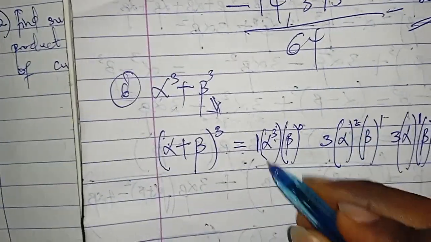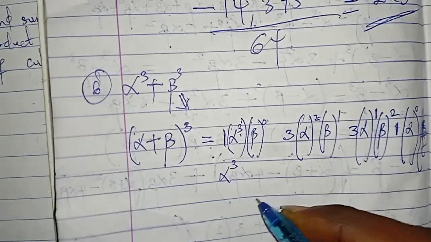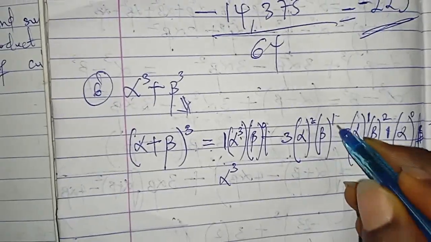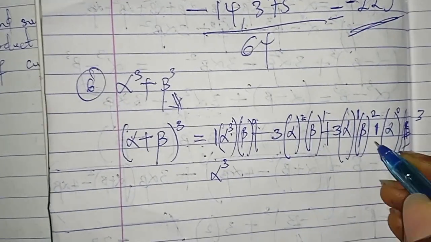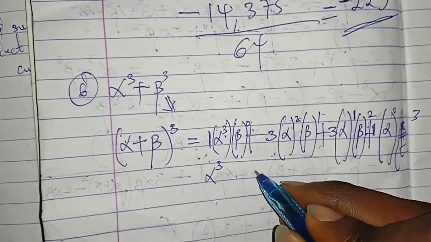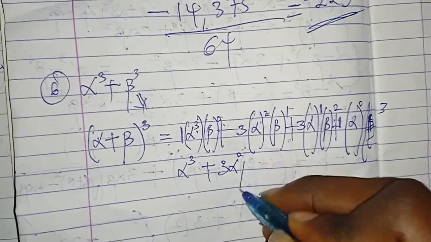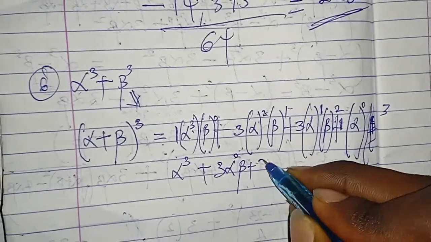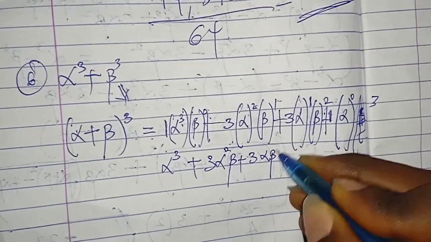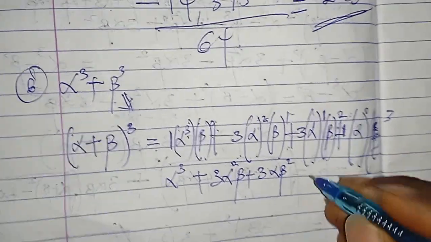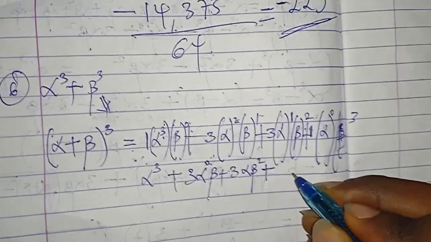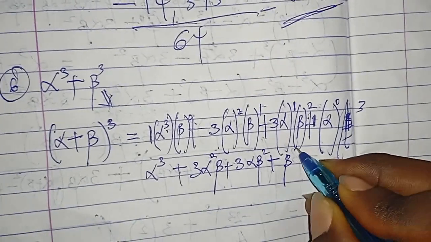So this is going to be alpha raised to power 3, separating them in each case, plus 3 alpha square beta plus 3 alpha beta square plus beta cube.